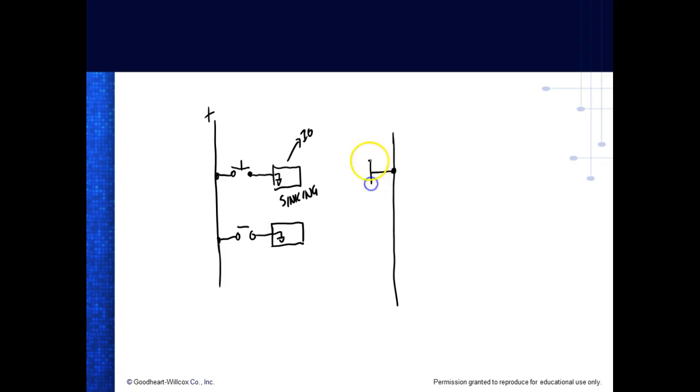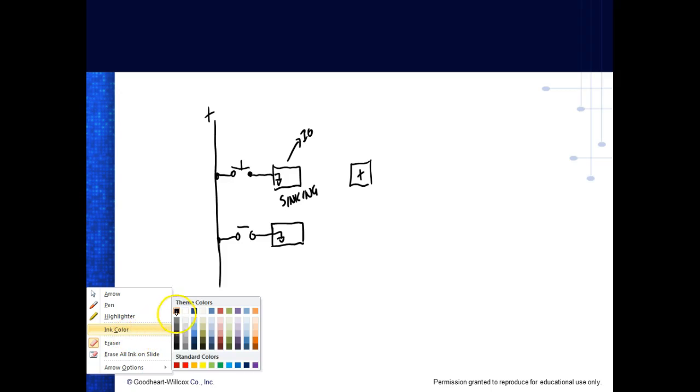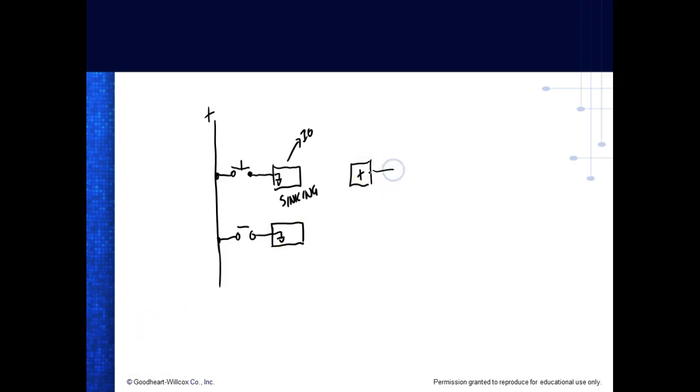Now my output devices are sourcing, so they are providing the plus. Wait a second, y'all draw. I forgot something over here too. That right there would burn us up. So over here we'll have our load. If this provides the plus, then what's this got to be over here? That's got to be the minus.